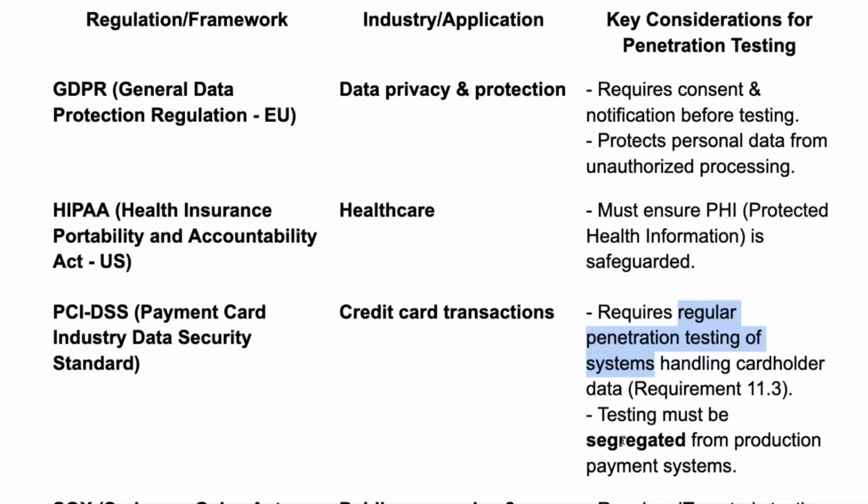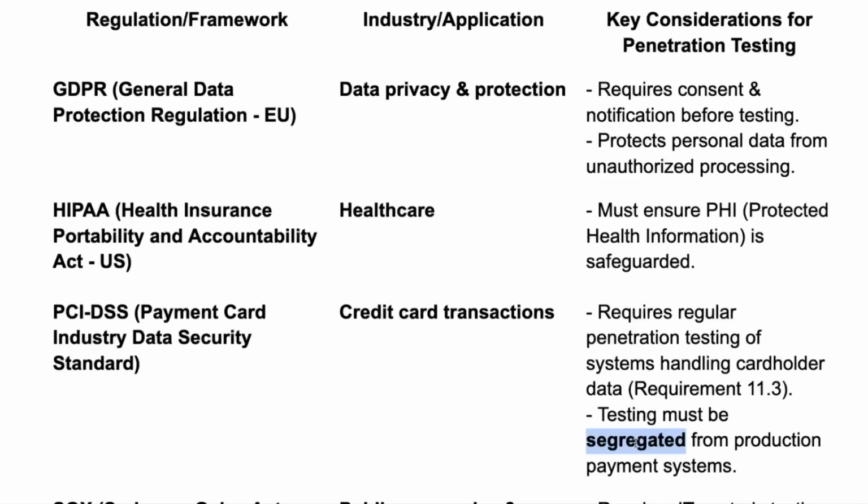And testing has to be segregated from production payment systems, meaning it needs to be separate from actual payment systems that are live and taking payments from the customer base that's coming in, because you're not going to stop business just to run a penetration test. So it needs to be separate. The production environment is the live environment that's actually being used by customers, and that needs to be separate from the testing environment.